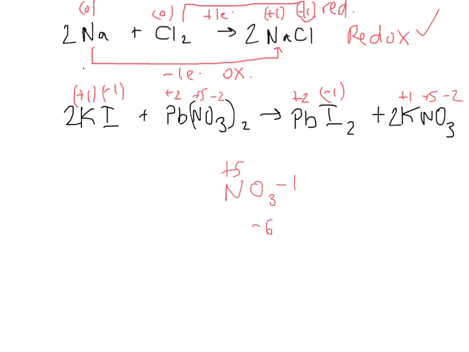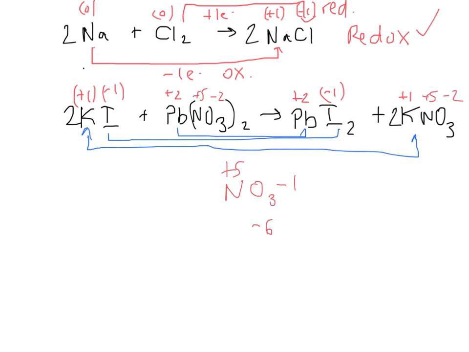Okay, so let's go ahead and look at our reactants and products. So potassium has a +1 charge on the reactant side, same oxidation number on the right-hand side, so it has not changed. Iodine on the right and the left, same charge, no change. Lead on the right and the left, no change.